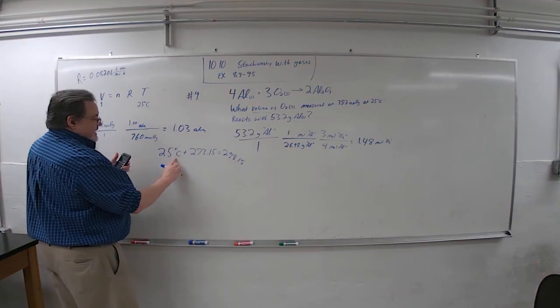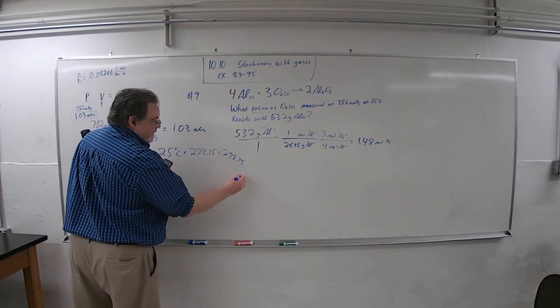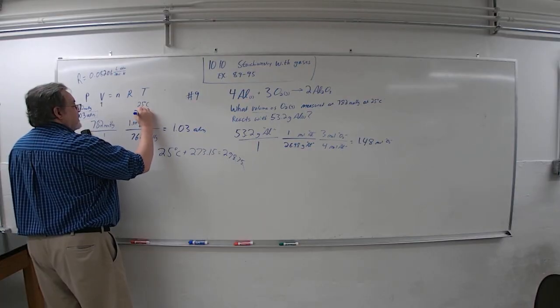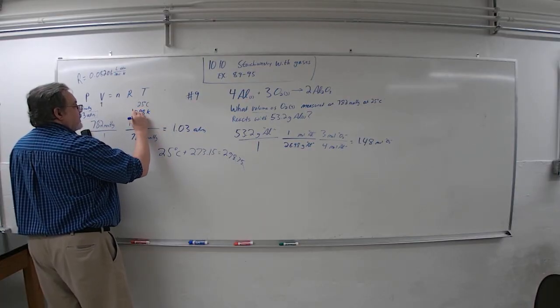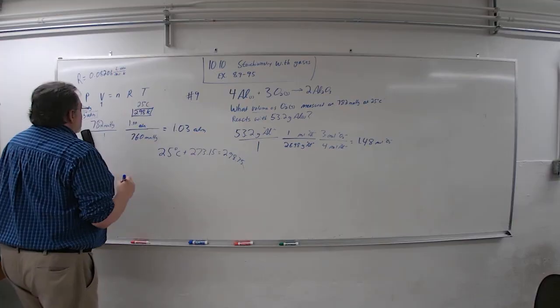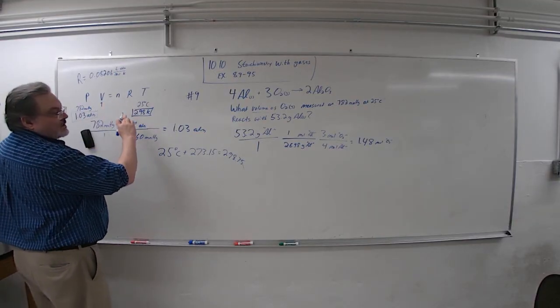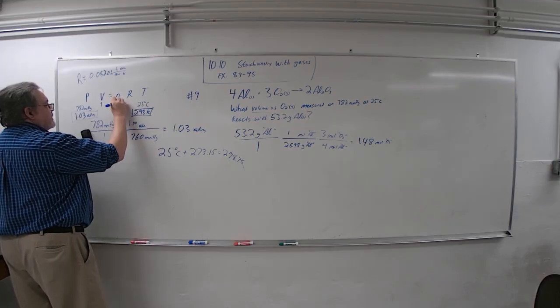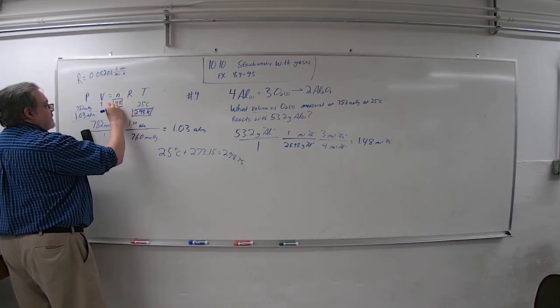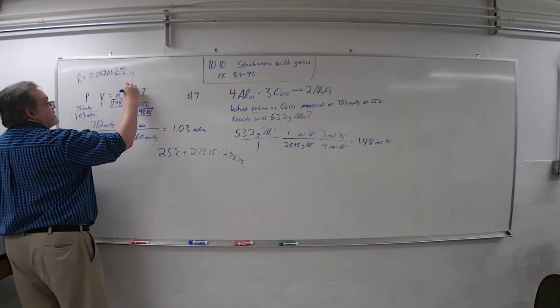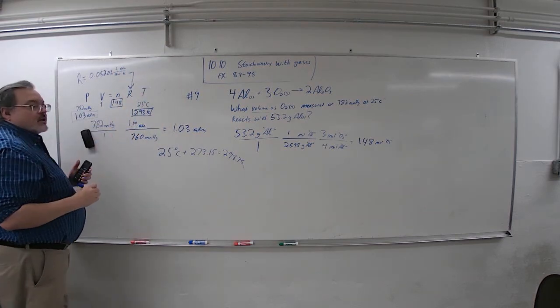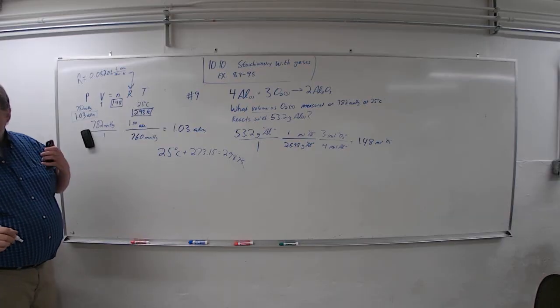That's 298.15, which has nothing after the decimal, so I'll cut that part off: 298 K. I have n, because I calculated that at 1.48. And of course R is constant. So now we can solve for the volume.